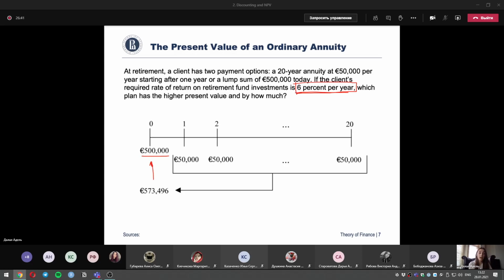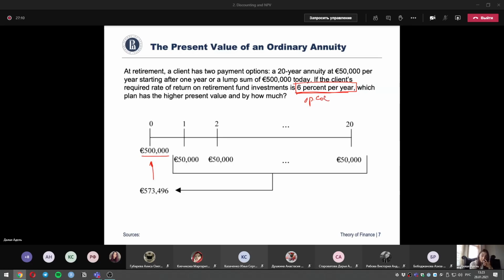That is why we discount the other option by 6% in order to compare these two choices. So this is his opportunity cost of capital, because he gives up this money today, he loses the opportunity to invest it at 6% a year.